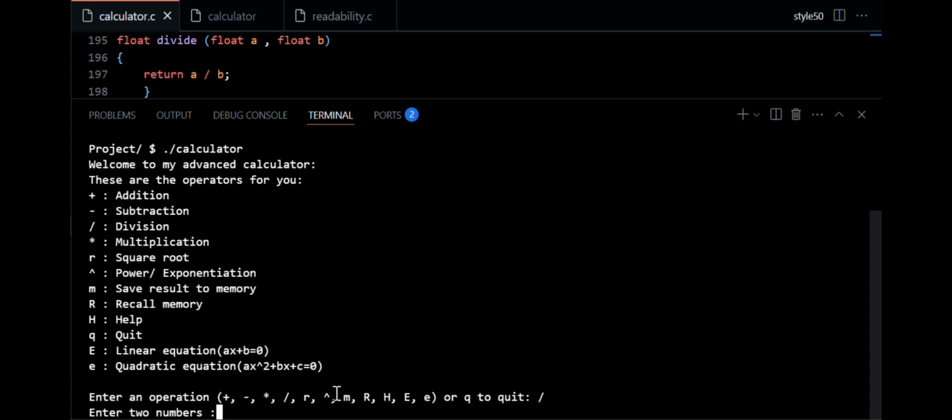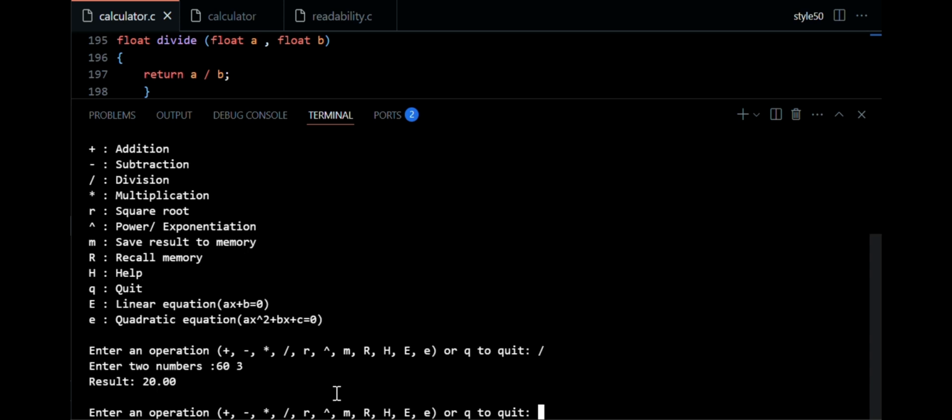Let me put 60 and 3. The result is 20, as 3 times 20 equals 60. So 60 divided by 3 is 20. It gave me the true result. It's on point. It works.